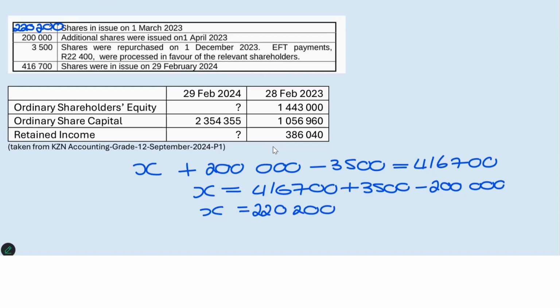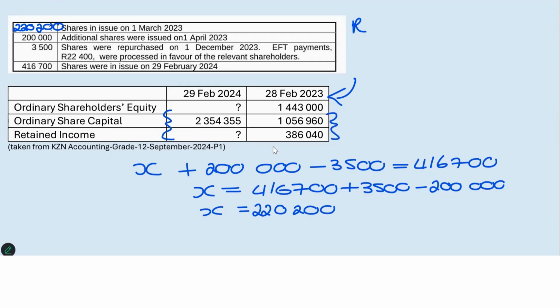Now, do we have rand values that we can attach to that opening balance over there? So in the information booklet, they did give you an extract from the balance sheet. And there is an ordinary shareholders' equity, but we have to remember that ordinary shareholders' equity is ordinary share capital and retained income combined.